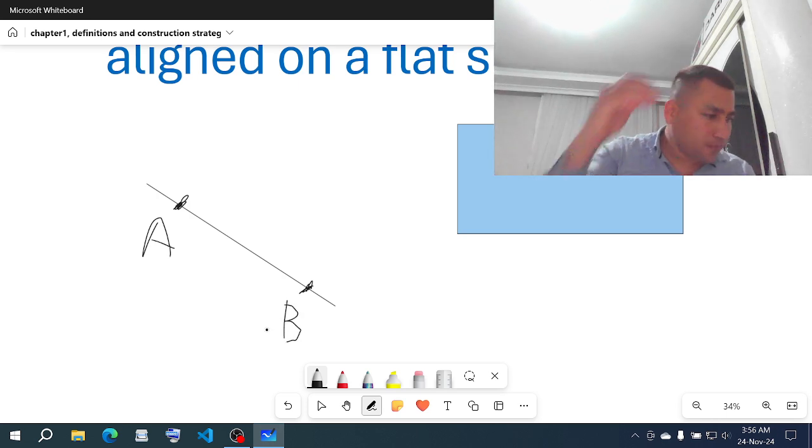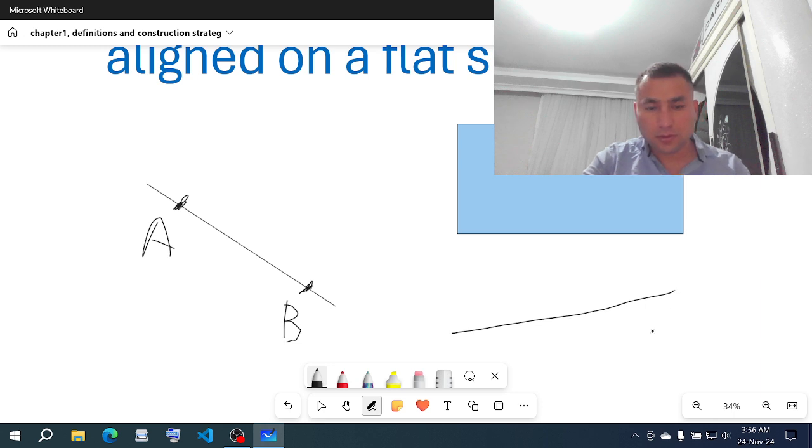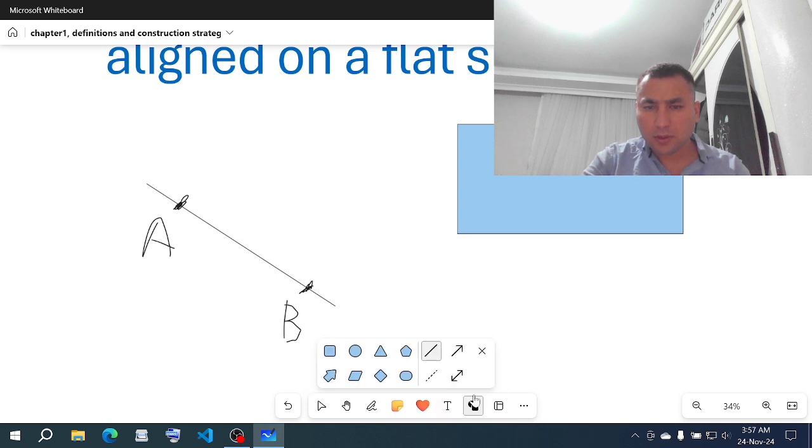And a ray is something like this. So this is a line segment, and this is a line, and we have a ray something like this. We can draw it so that you see the arrows.